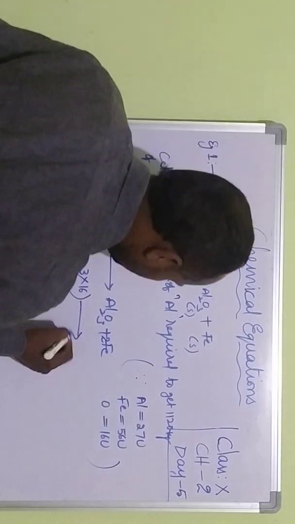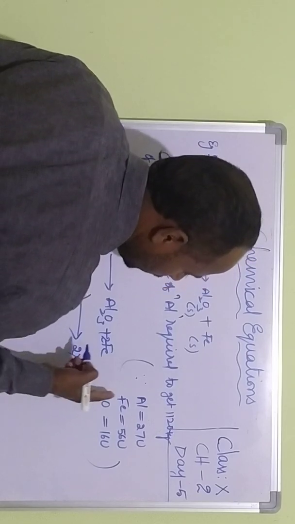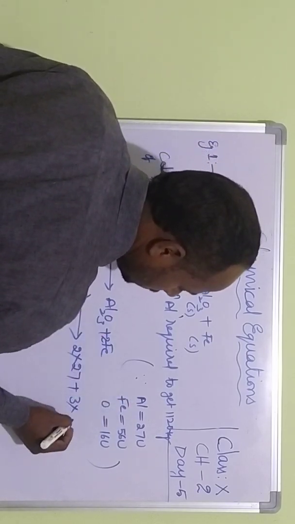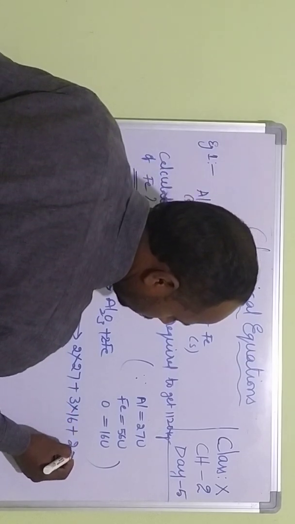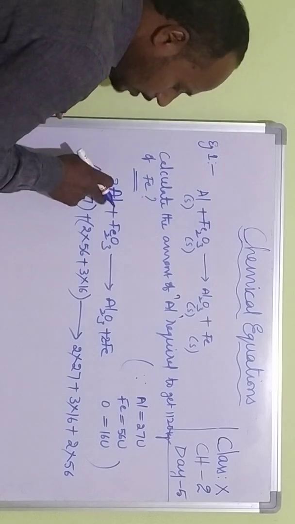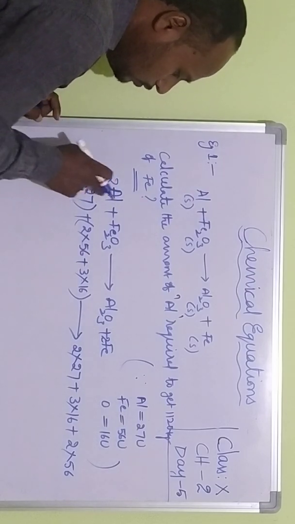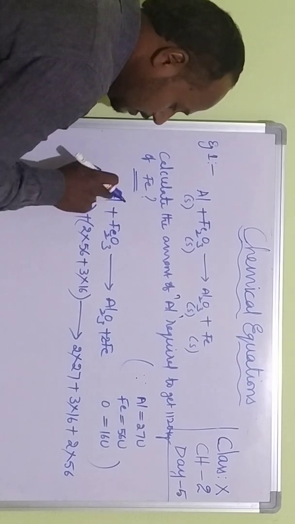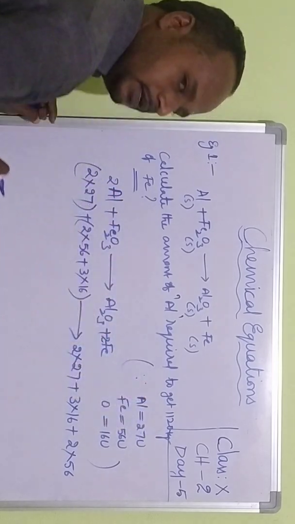Next, 2 into aluminium 27 plus 3 into oxygen 16 plus 2 into 56. Once again you see aluminiums, how many? 2 are there, so 2 into 27. 27 is the atomic mass of aluminium, already given in the data.